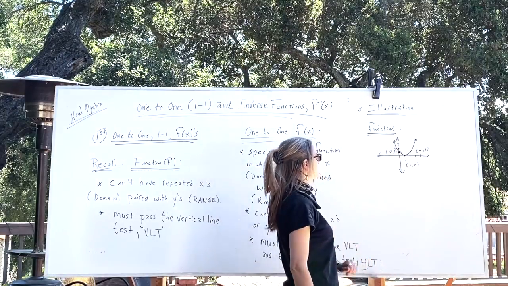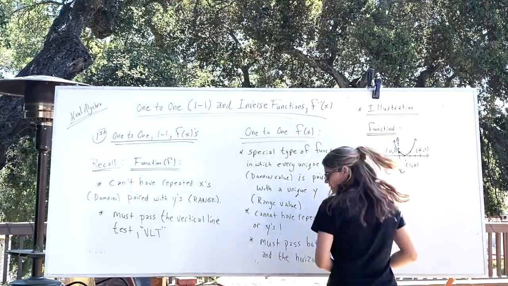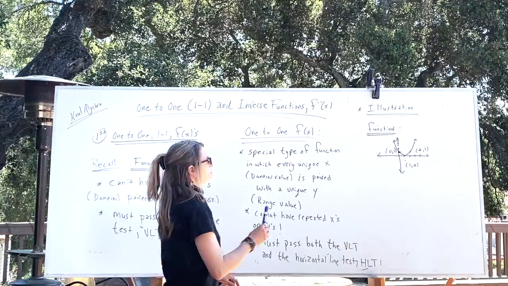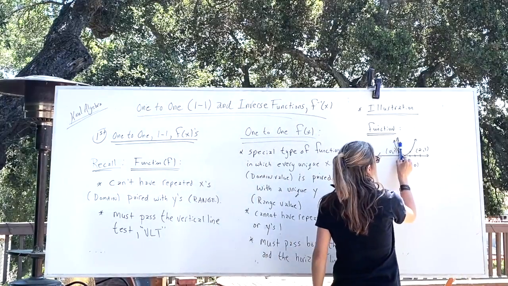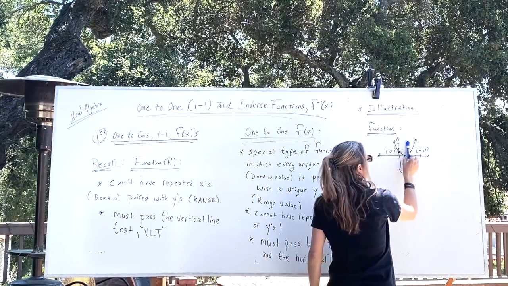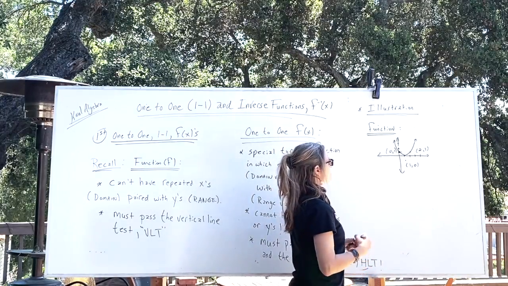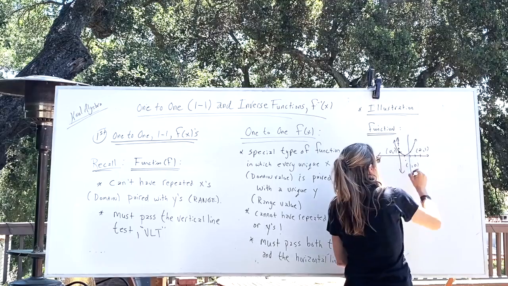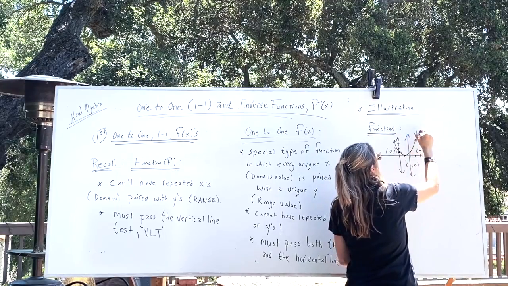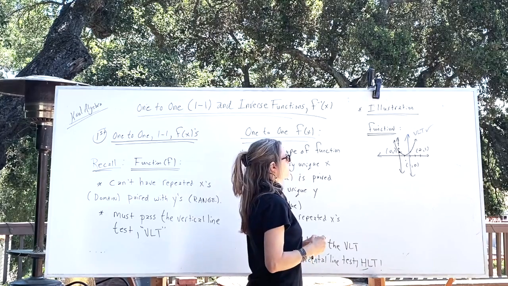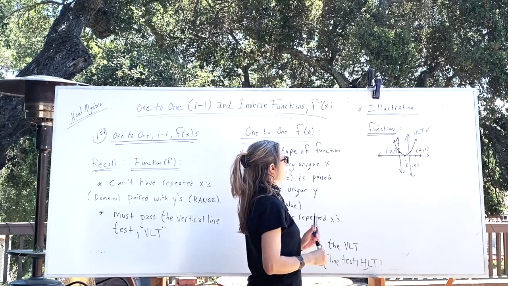Okay, so here we have a function. We know it passes the vertical line test, which means that if we take a vertical line and move it from left to right, it crosses the graph only once. There's no repeated x's here. So the vertical line test is passed with this quadratic function. Okay, so here's an example.